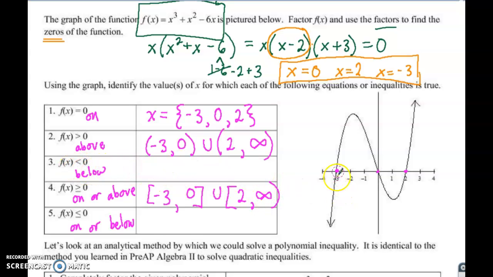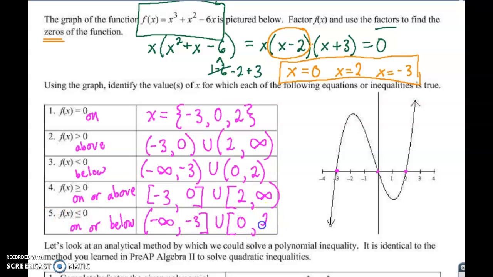And then being below would be, remember we go left to right, so negative infinity until we get to negative 3. And then from 0 to 2. And remember you always use a parenthesis with infinity. But the other values you want to use a bracket because that's when they're on the x-axis.